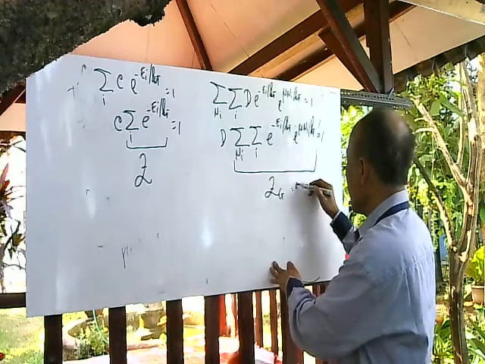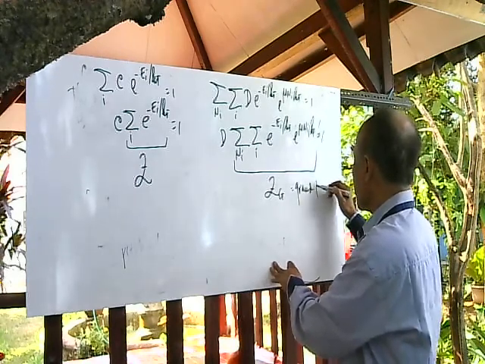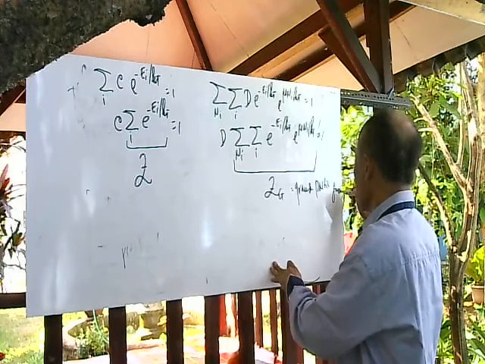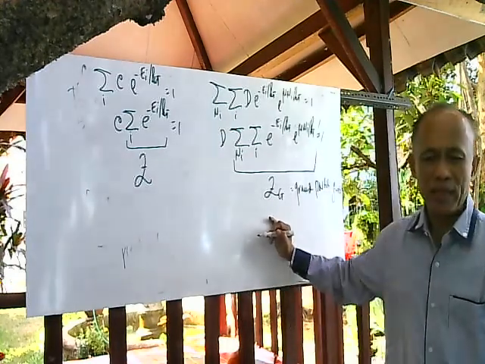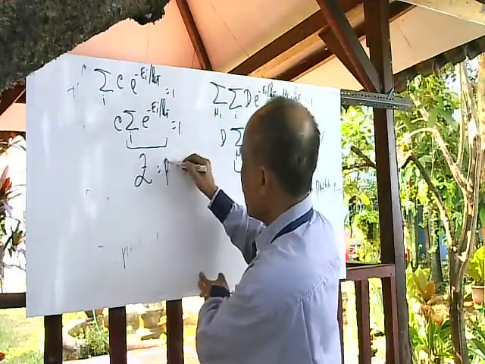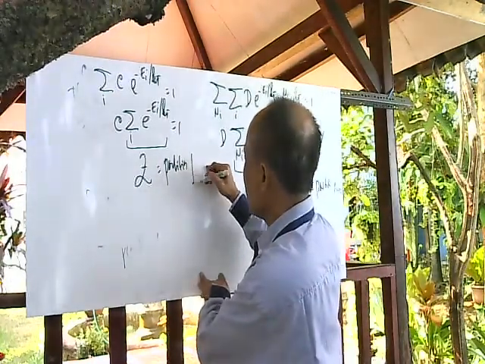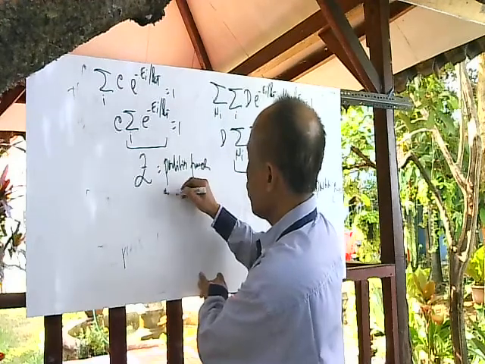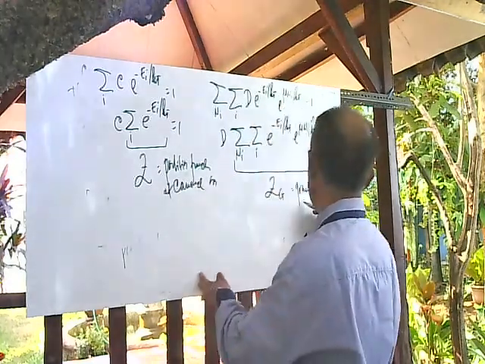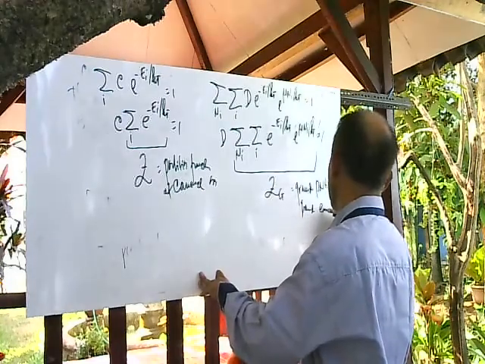This is known as the grand partition function, the partition function for the grand canonical assembly. This is the partition function of the canonical assembly. This is for the grand canonical assembly.